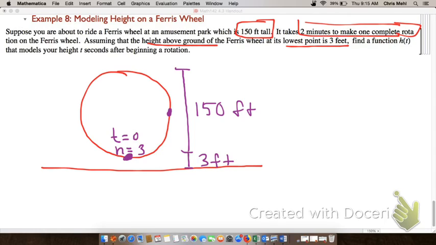A quarter of the way through the rotation, which would be after 30 seconds, your height is going to be 3 plus the radius of the Ferris wheel, which is 75, so you get a height of 78. At the top of the Ferris wheel, you would be half the way through the rotation, this would be 60 seconds.